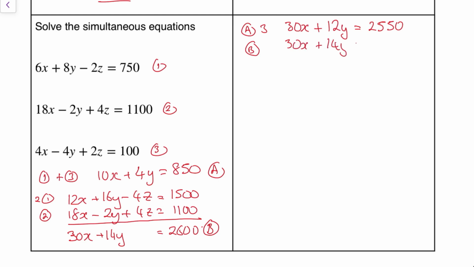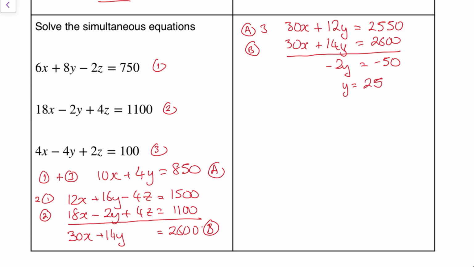This you need to be careful, you can read your own writing, equals 2,600. Now I can see already these numbers are going to get a lot better very quickly. So take them away. 30 minus 30 is 0. 12 minus 14 is minus 2y, and 2550 minus 2600 is going to be minus 50, which all of that, after all those big numbers, means that y is equal to 25.